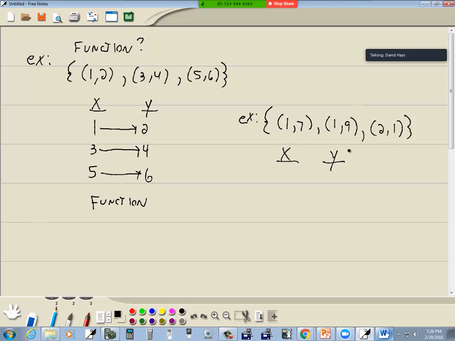I got 1, 1, 2, so I'm going to have 1 and 2. Then my y values, I'm going to write them from smallest to largest, not repeating any. I got 7, 9, 1, so I got 1, 7, 9. Now this first point maps 1 to 7, so I draw a line between them. This next one maps 1 to 9, so I draw a line between them. And this one maps 2 to 1, so I draw a line between them.